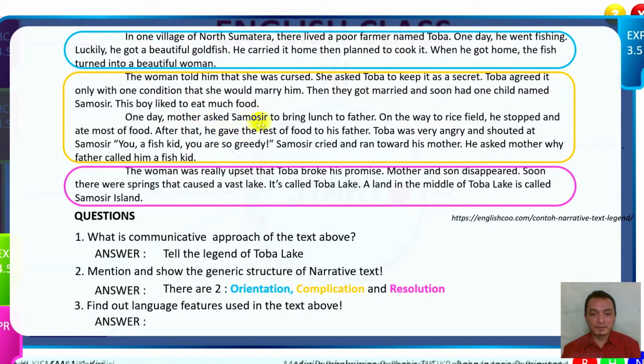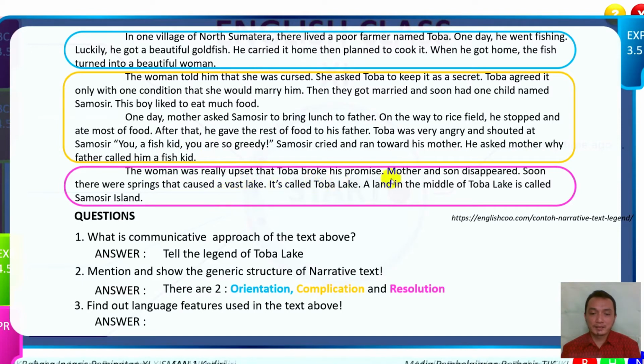And one day the mother asked Samosir to bring lunch to his father, but Samosir ate most of the food, and then he gave the rest to his father, and the father is very angry and shouted at Samosir, "You fish kid." This is the complication, the problems happening, the climax of the story. And then he asked mother why father called him a fish. And then the resolution is that the woman was really upset that Toba broke his promise.